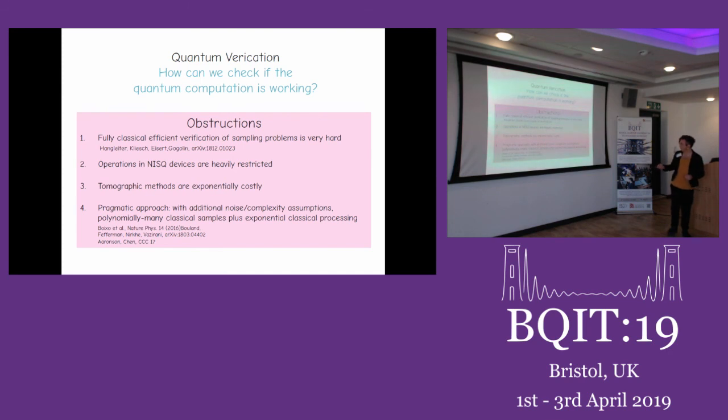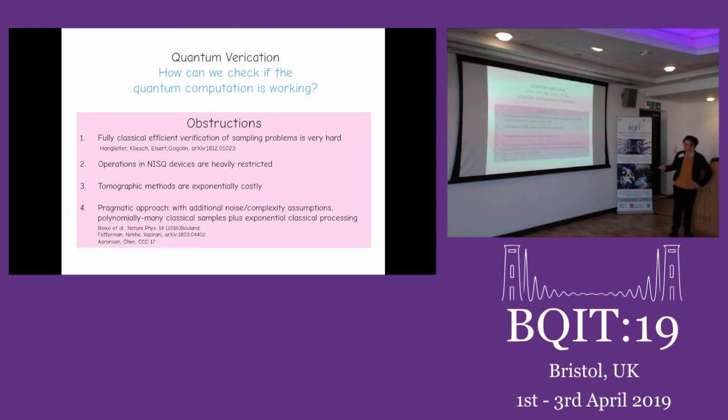And what people in other approaches, like in this Google type of setup, are doing is introducing some additional assumptions on the noise model or some additional complexity theoretic assumptions, like in this interesting work of Aaronson and Chen. So with these works, what they show is that with some additional assumptions on the noise or complexity theoretic arguments, you can do some hybrid verification which requires only a polynomial amount of quantum experiments and some exponential classical post-processing on top. So it's not efficient, but you can do something in the middle.